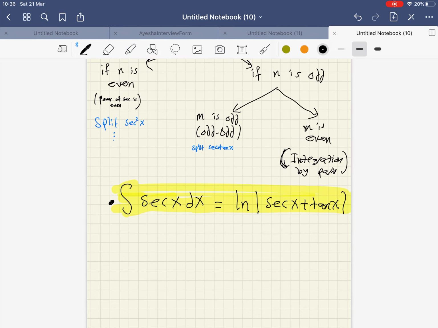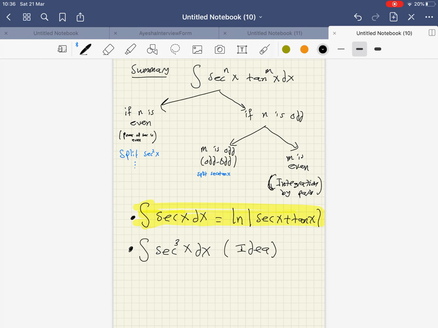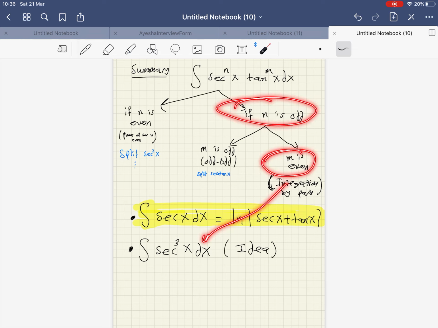The second crucial thing is to understand the idea of how we will do the integral of secant cube x dx. Here we have integration by parts, with n odd and m even, and we take secant cube.